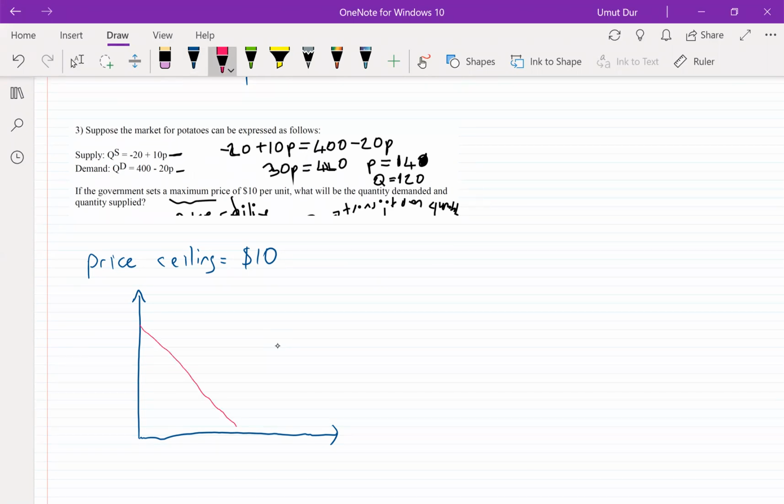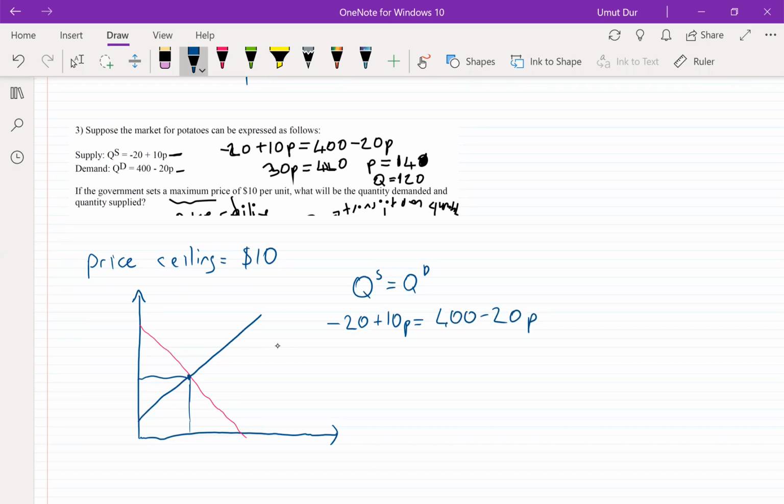I have the demand curve and the supply curve, and I look at their intersection. So I equalize supply to demand. Supply is minus 20 plus 10p, equal to 400 minus 20p. Then I have 30p equal to 420, and p is 40.